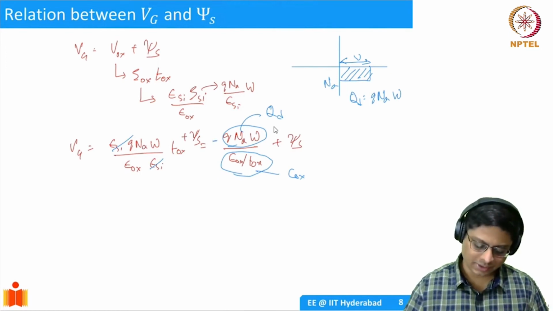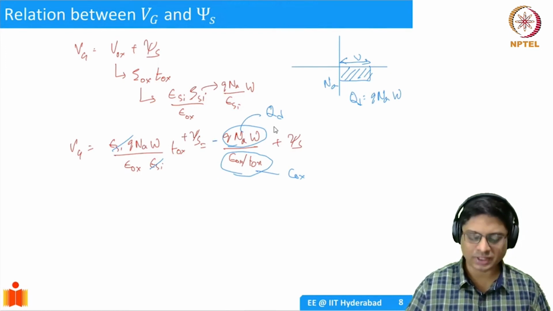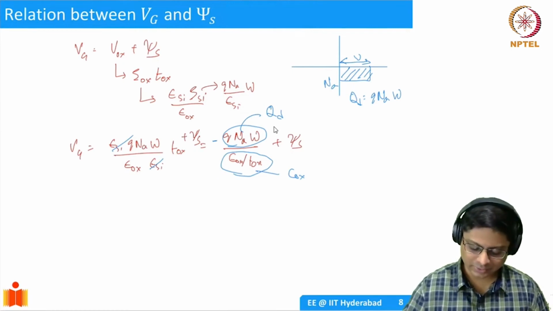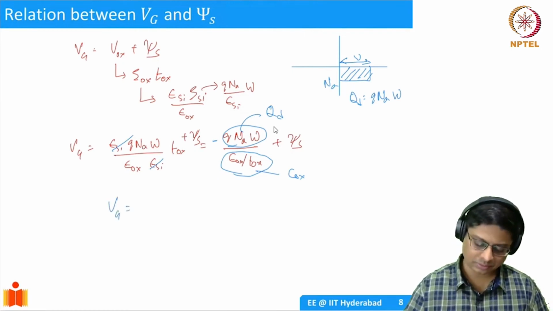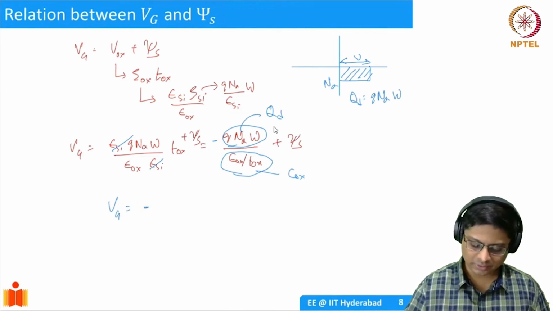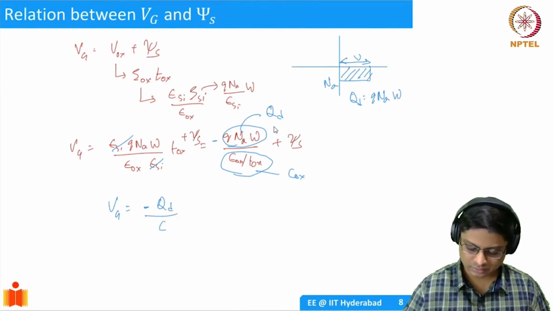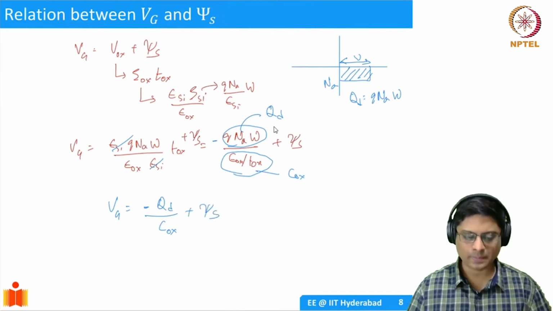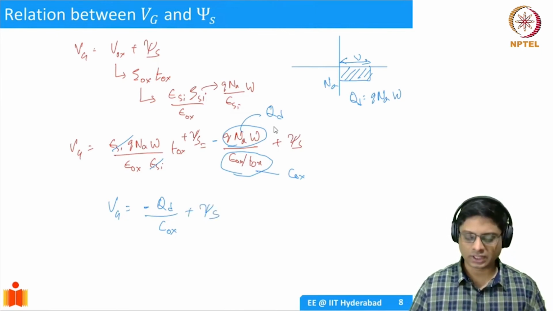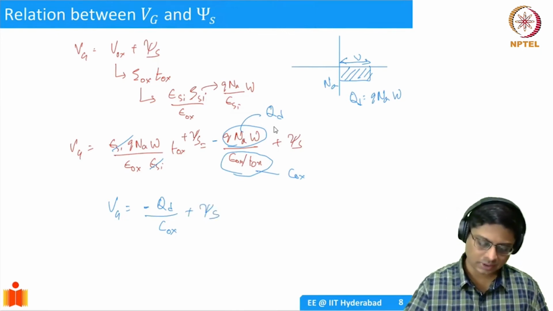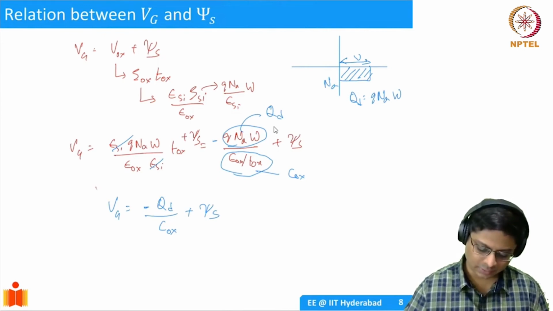So the relation between gate voltage and surface potential is this. Vg equal to minus QD, just to indicate that it's a depletion charge, by Cox plus psi s. Okay. So this is how the gate voltage and the surface potential are related.